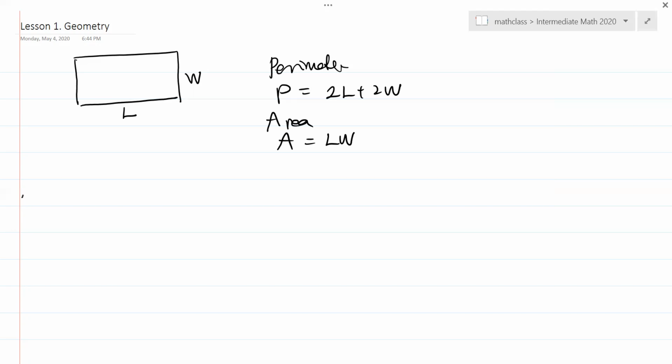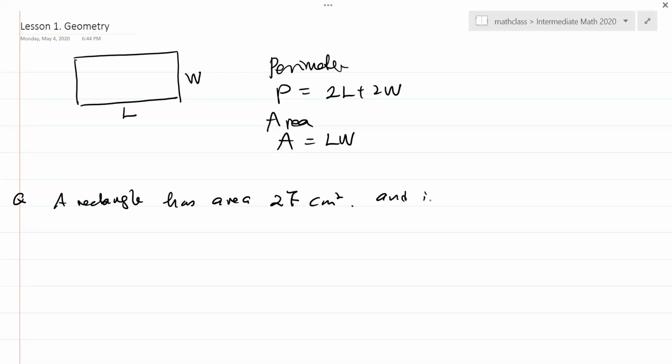So the first problem I'm going to talk about is: suppose I have a rectangle, and it has some area. This can be any number, for example, some area like 27 square centimeters.